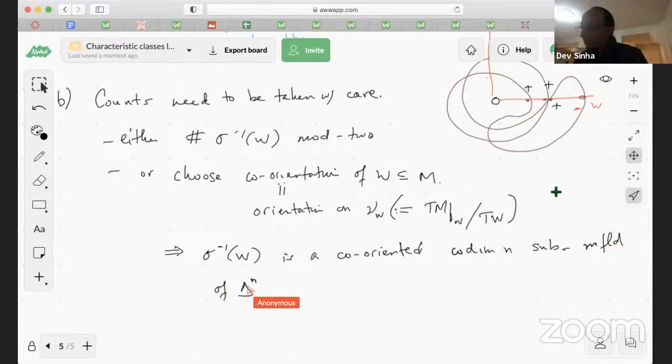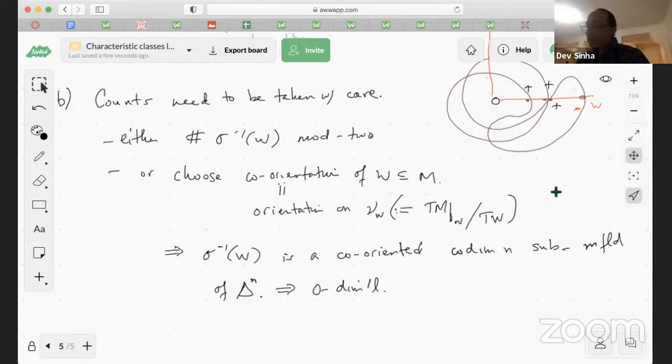Now, delta n is actually a manifold with corners, so that's a little bit more than is in Guillemin and Pollack, but manifolds with corners are entirely elementary to deal with. So that means that if it's codimension n in delta n, it's 0-dimensional. The normal bundle of a 0-dimensional manifold in something is just the trivial bundle, because a vector bundle over a discrete set is always trivial.